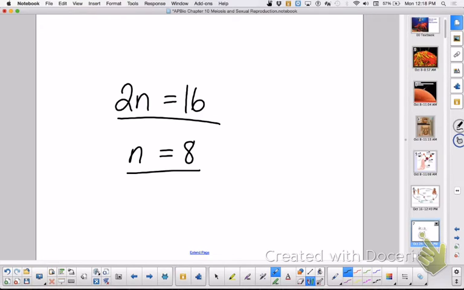Okay? 8 homologous pairs, and it doesn't matter if I'm talking about the gamete or if I'm talking about a somatic cell. That part stays the same. For us, how many homologous pairs do we have? 23. And it doesn't matter if we're talking about one of our body cells or one of our gametes. For us, the number of homologous pairs we have is 23. Do you see how I'm differentiating that?